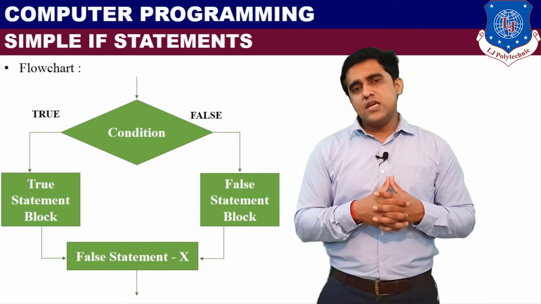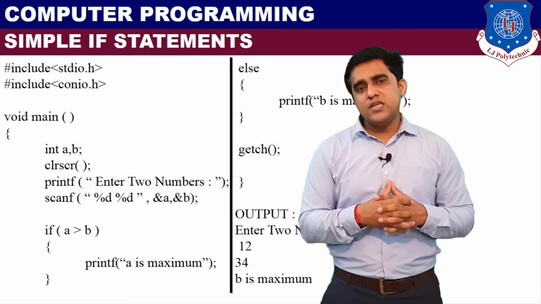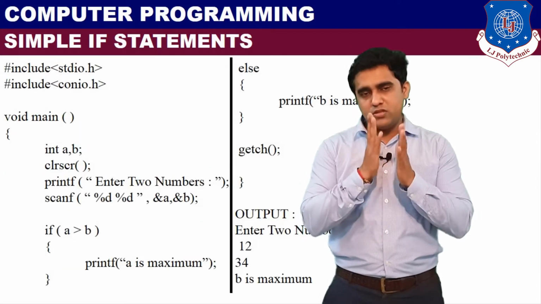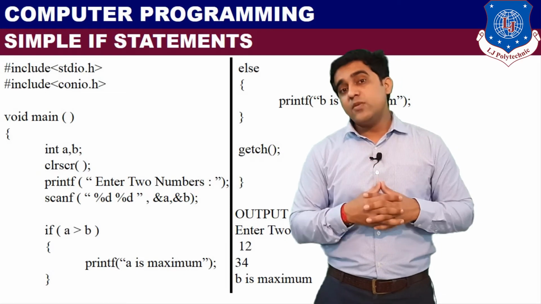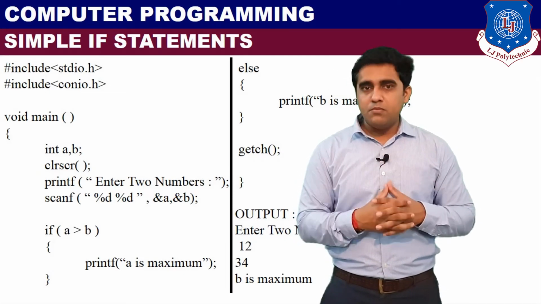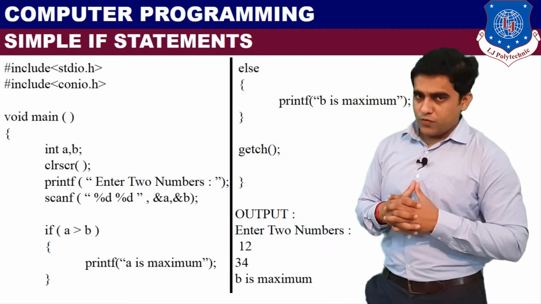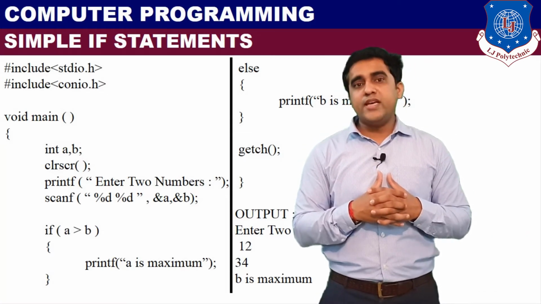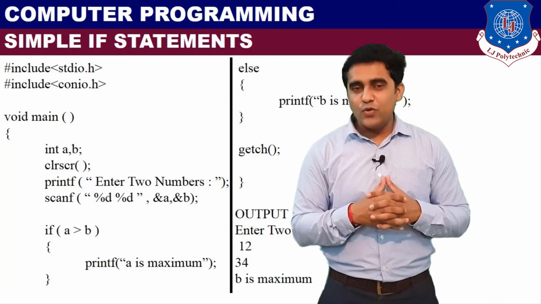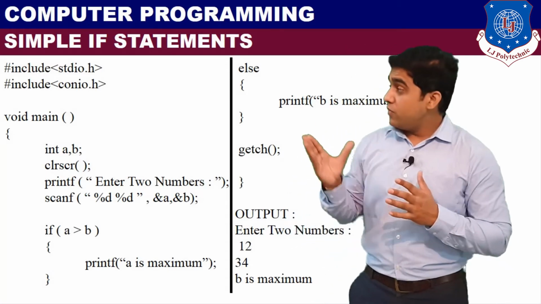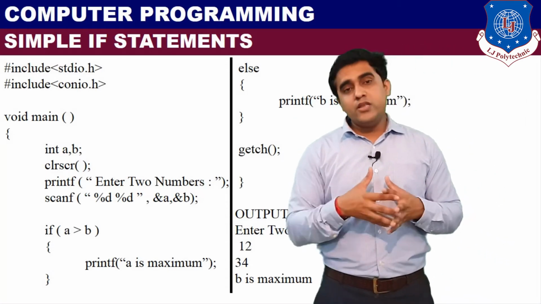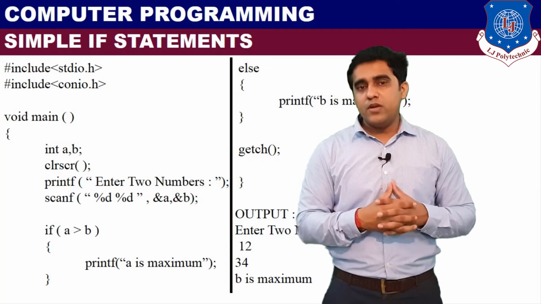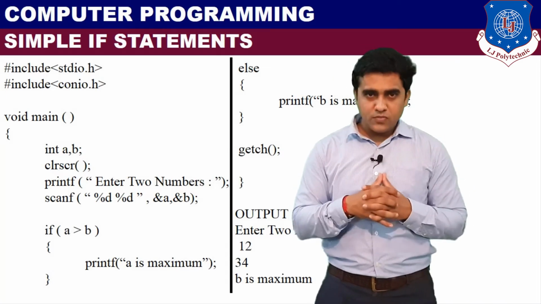For this concept, one famous example you should know is: write a program to find the maximum number from two numbers. So first we will use #include <stdio.h>, #include <conio.h>, then our main program. In this program we require two variables, a and b.